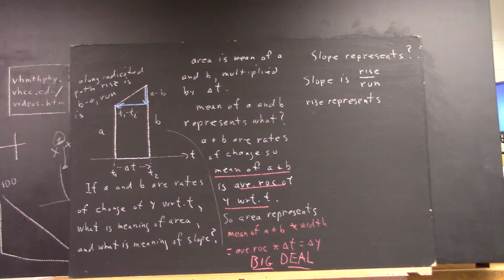Everybody focus on what A and B represent. Can everybody go to the board and point out what A and B represent? Somebody over here, go up to the board and show me what A and B represent.